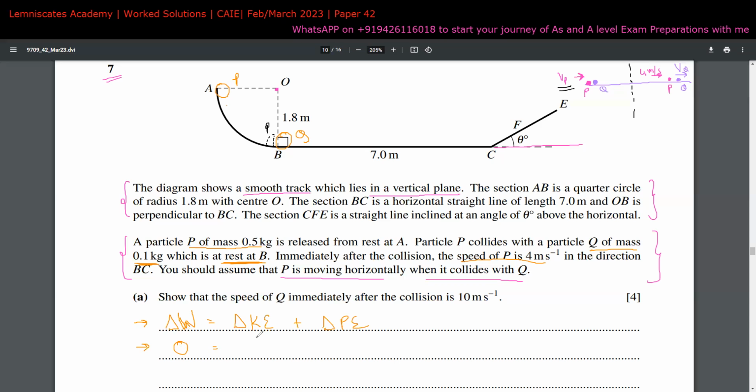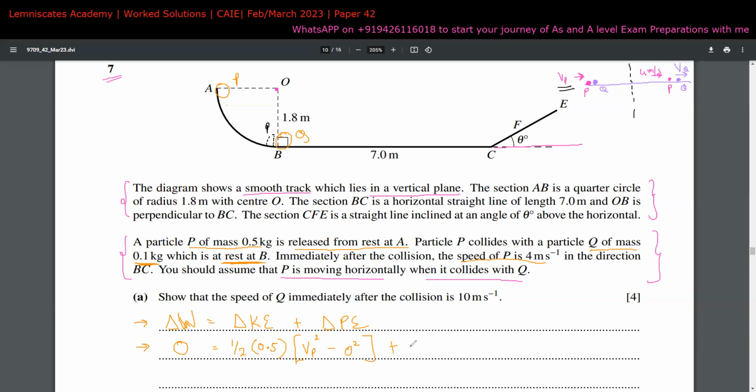Now if you talk about the kinetic energy, it's half times the mass of particle P, which is 0.5, times the final speed squared minus the initial speed squared. For particle P, the final speed is something that we are trying to find, that's Vp squared. And the initial speed, because the particle P is released from rest at A, is zero.